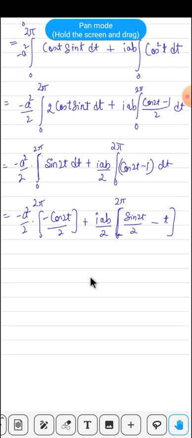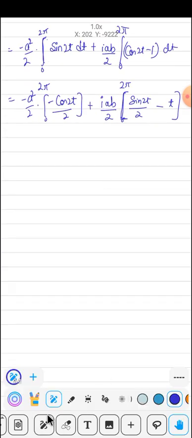Now let us put the values. What I will get is minus a square upon 2, minus minus plus, or 2 will also come because this is a constant.